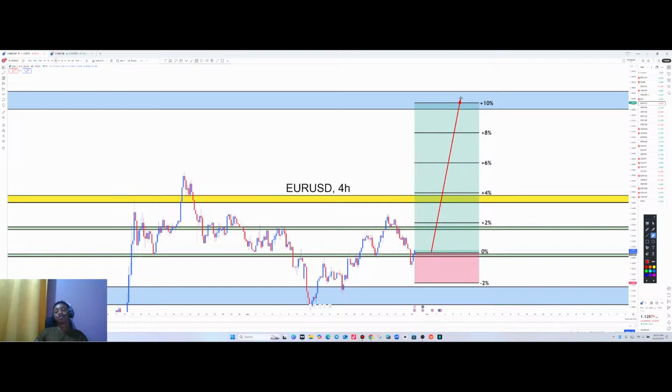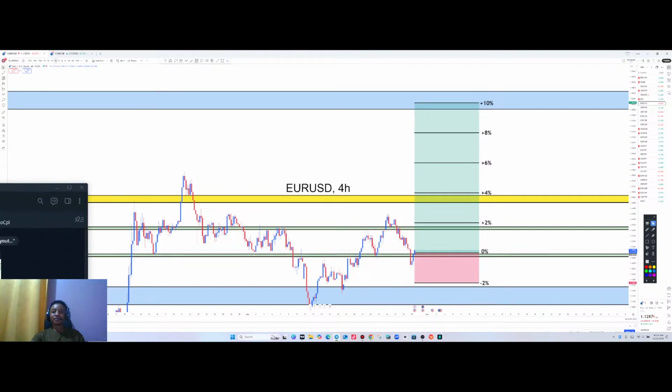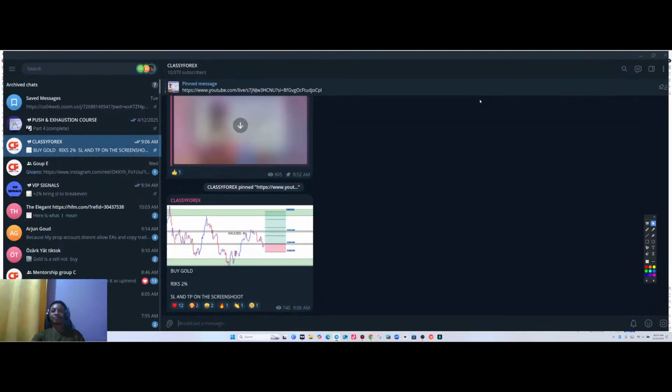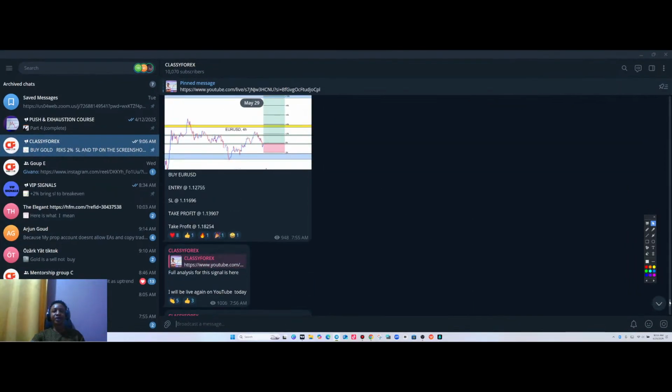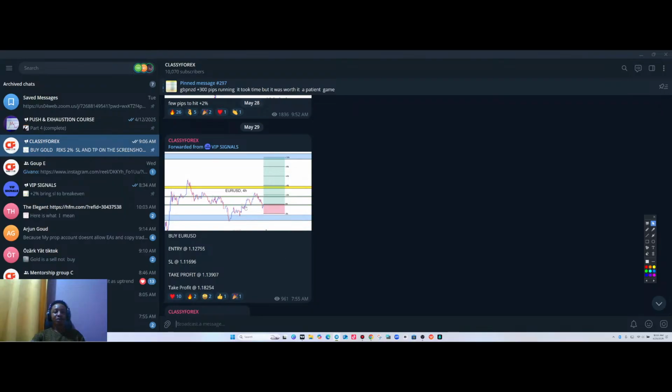So if you want to enter this trade, the coordinates are in my Telegram channel. So make sure to click the link I've pinned on the live chat or the link in the description and then join my Telegram channel. You're going to find the setup over there. I've given gold and I've also given the EUR/USD. The EUR/USD, the first one that I gave, this is the EUR/USD opportunity.